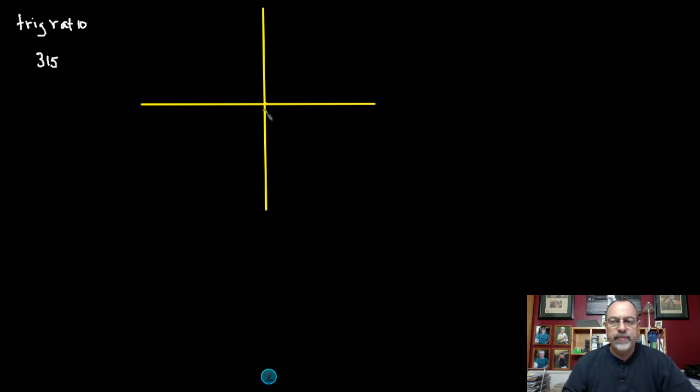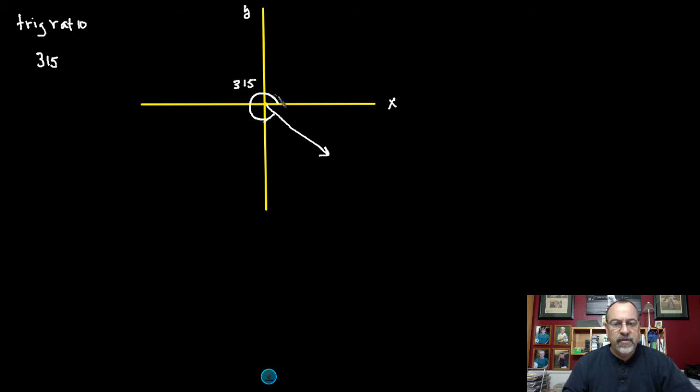Well, if I was to draw the 315 degree angle in my coordinate grid, this is my initial side, and then rotating 315 degrees, starting here, this would be 180, this would be 270, then some more in here. So this would be my 315 degree angle.